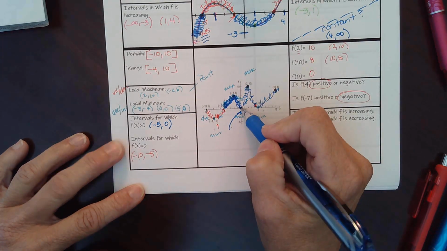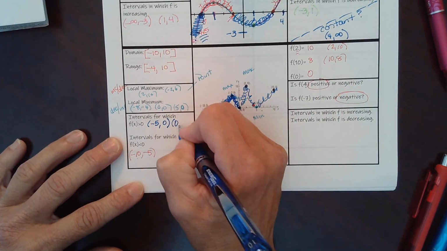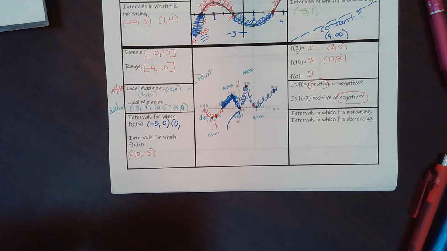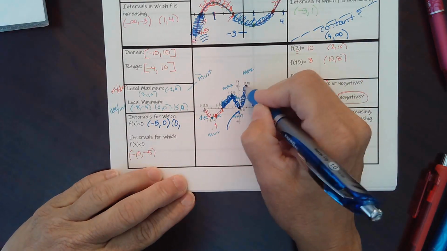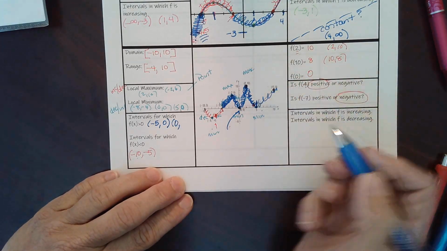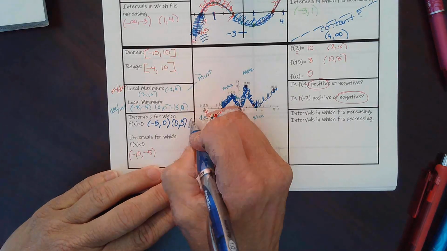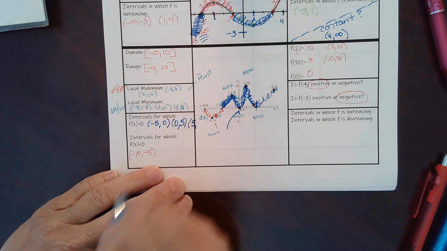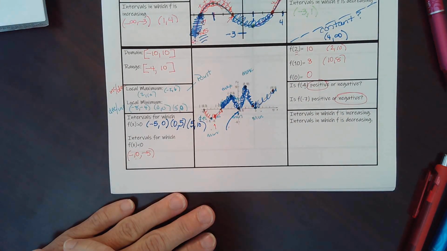At 0, the graph remains positive, so I'm going to start another interval at 0, and that portion stops being positive at this x value of 5. But at 5, it remains positive until it reaches an x value of 10.